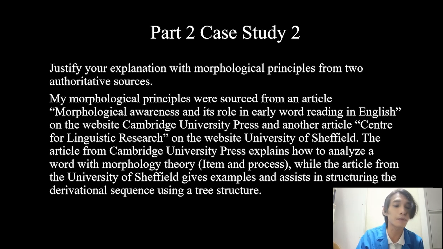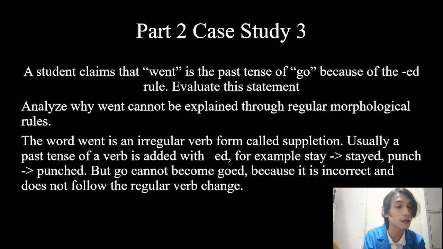The article from Cambridge University Press explains how to analyze words with a morphological theory, item and process, while the article from the University of Sheffield gives examples and assists in structuring the derivational sequence using a tree structure. Then we go to case study number 3.